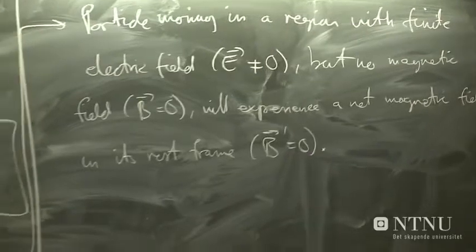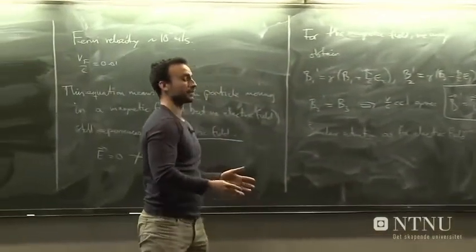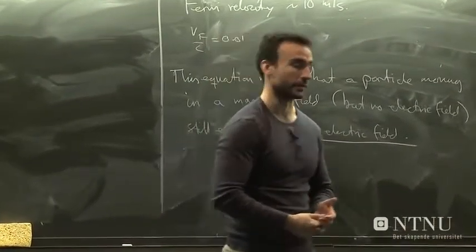So a charged particle moving in a region with a finite electric field but no magnetic field will nevertheless experience a net magnetic field in its rest frame.